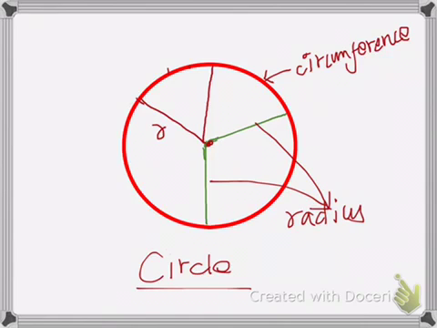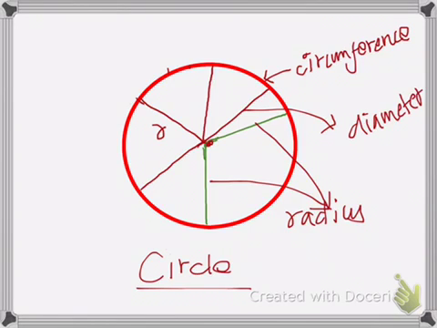Now if I draw two radius that pass from the center of the circle, it is called the diameter of a circle. And the diameter is equal to twice the radius of the circle.